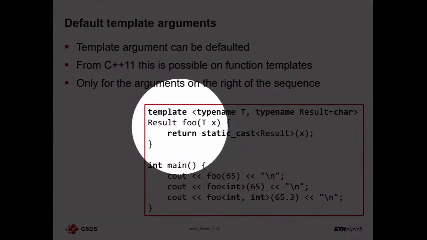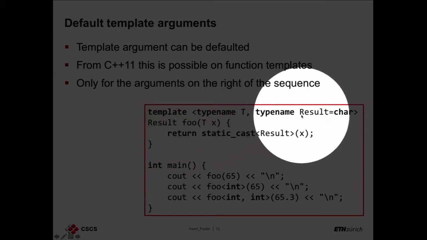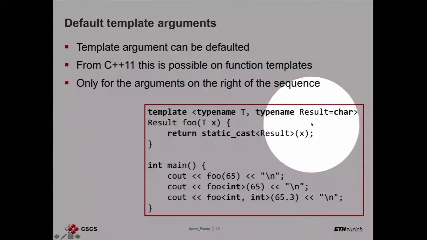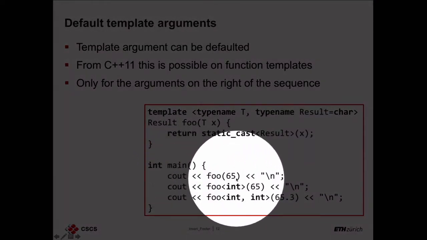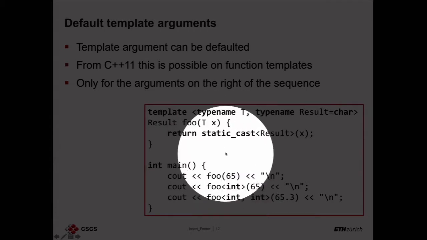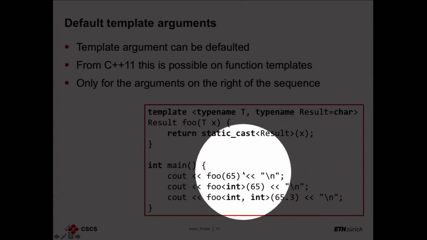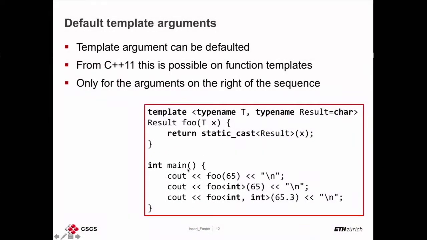So you can have a function template with a result type, and you can say the result type is by default char. So when you instantiate std::cout foo(65), then by default you return the static_cast to char of x. So you get 65 cast to a char, and you print the capital A in ASCII.